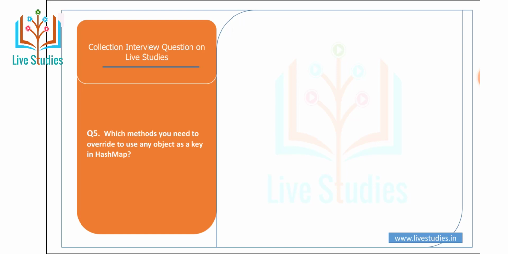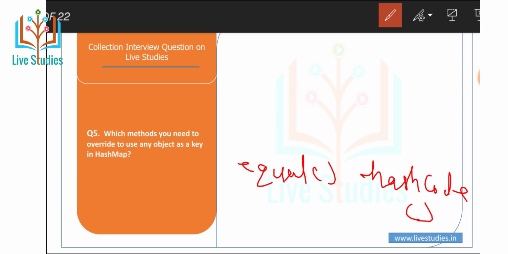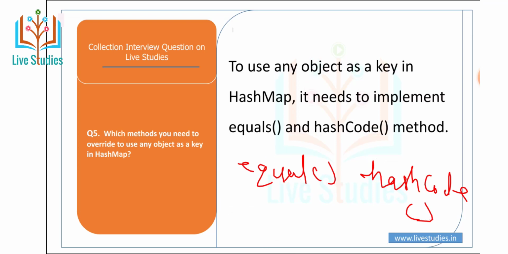To use any object as a key in a HashMap, it needs to implement the equals method and the hashCode method. Okay, only two methods to implement: the equals method and the hashCode method.